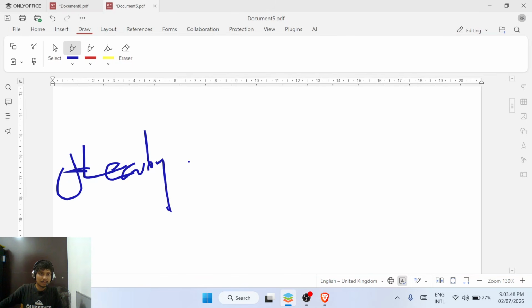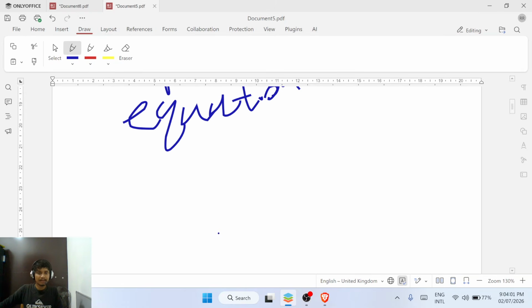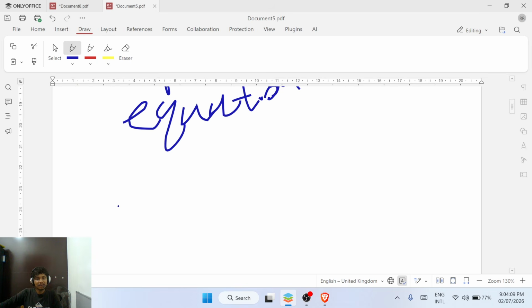Steady flow energy equation. What is the steady flow energy equation? We have already studied the non-flow energy equation. What is the non-flow energy equation?